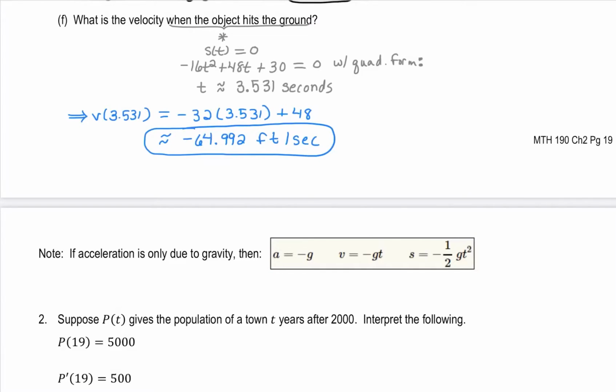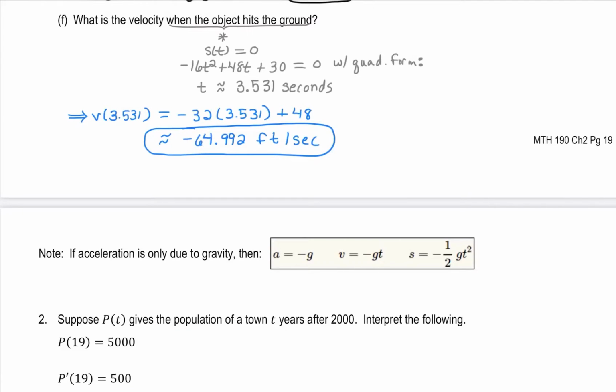So if acceleration is just due to gravity, like negative 9.8 meters per second squared is acceleration due to gravity. In that situation, I think last time we were using feet per second, so negative 32 feet per second squared. Then the velocity is the negative whatever that gravity is times t.